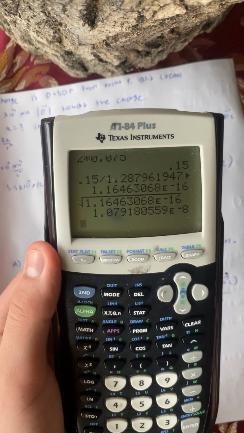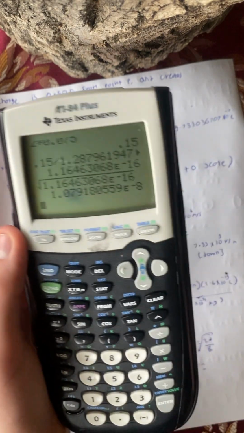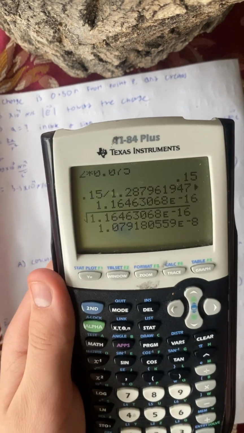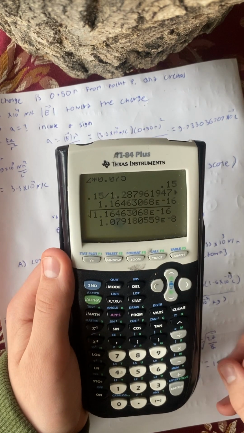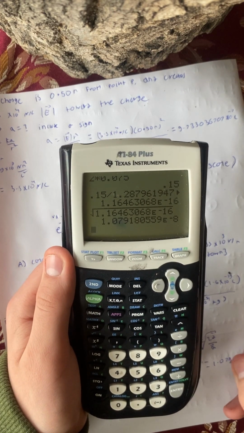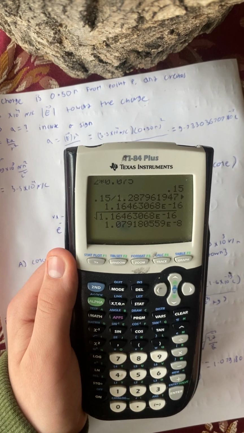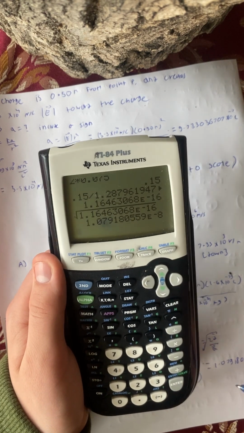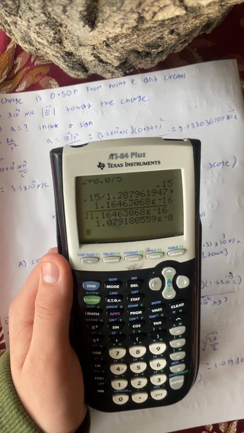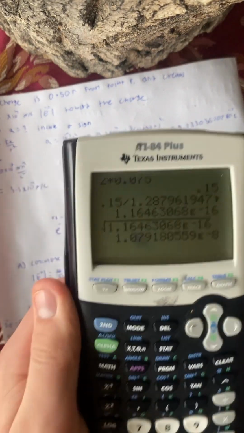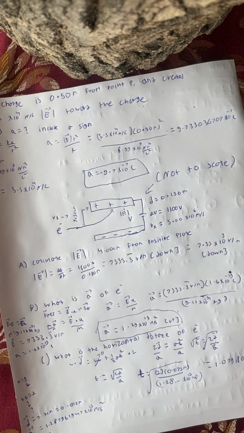And this is the typical range of time you'll get in this. So here's our time, which is 1.079180559 times 10 to the negative 8 seconds. In questions like these, it's usually going to be times 10 to the negative 8 seconds or times 10 to the negative 7 seconds.